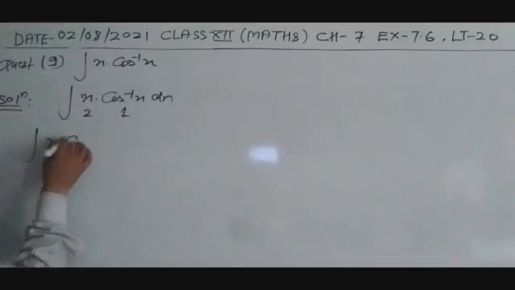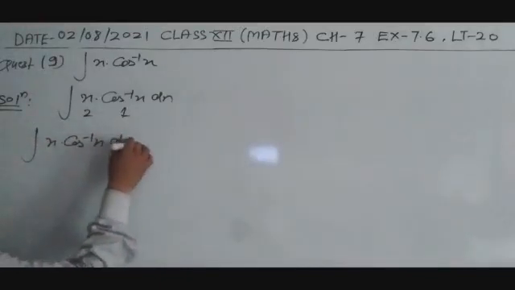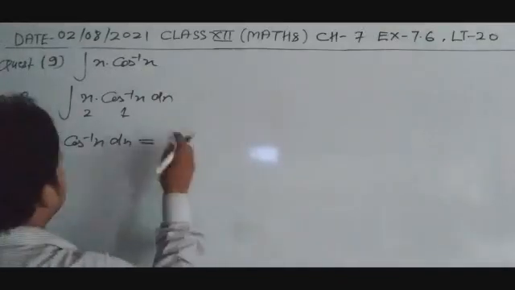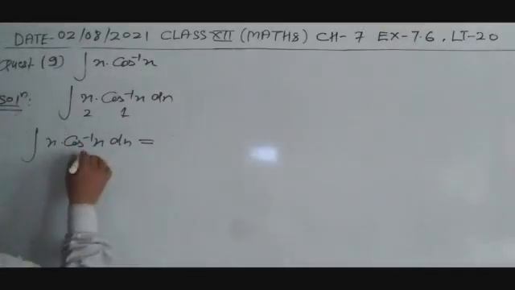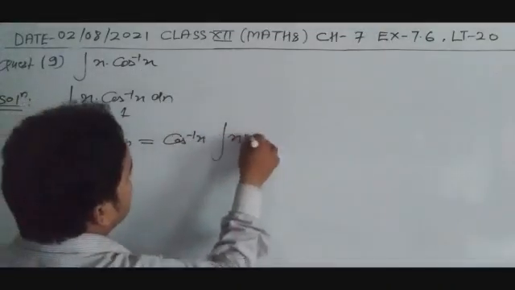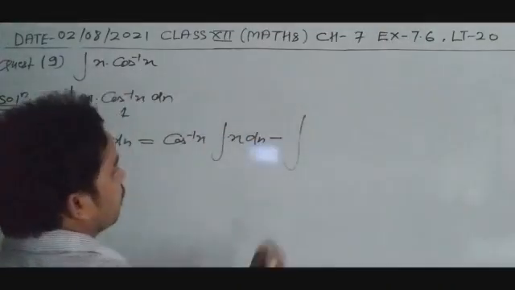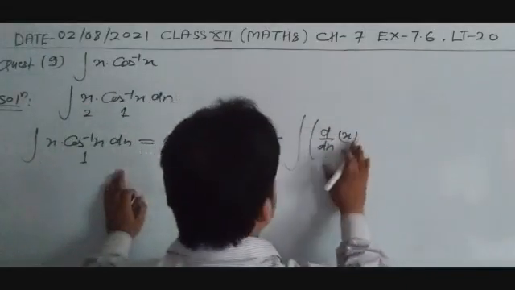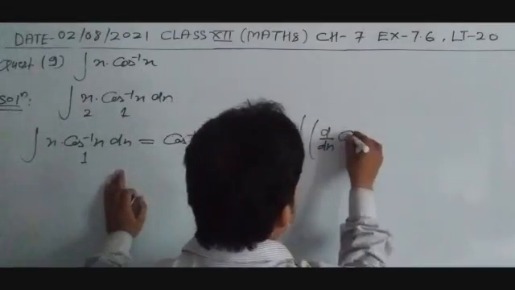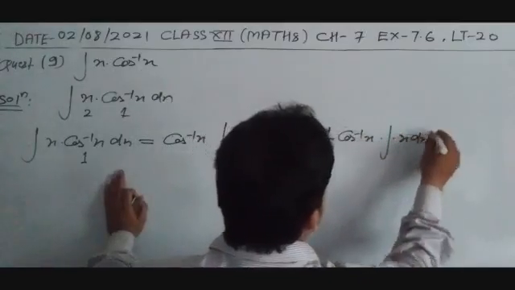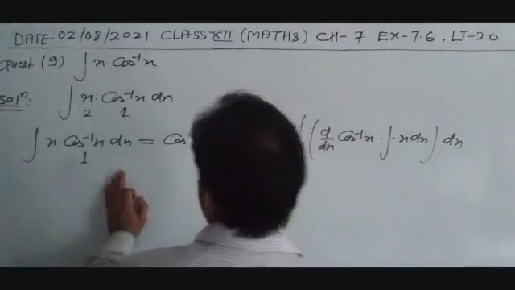Now x times cos inverse x dx can be written as first function, cos inverse x, times integration of the second function x dx, minus integration of d by dx of the first function into integration of x dx, whole dx.